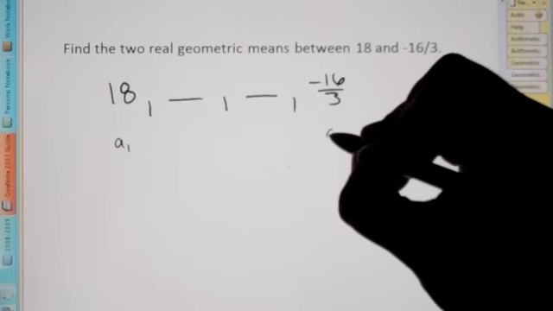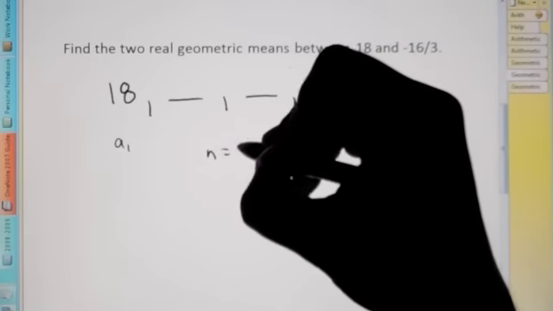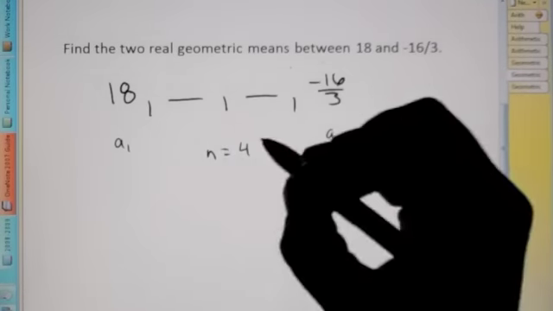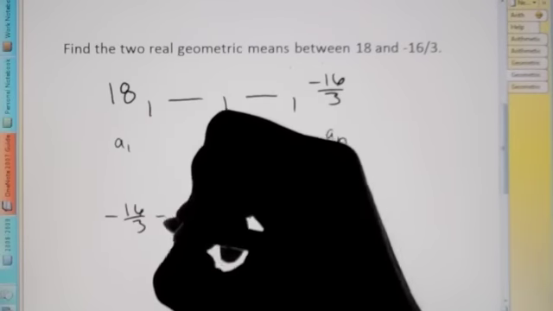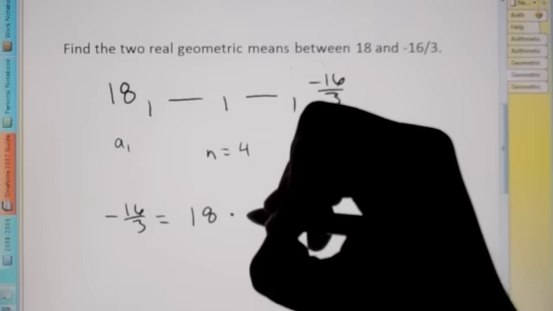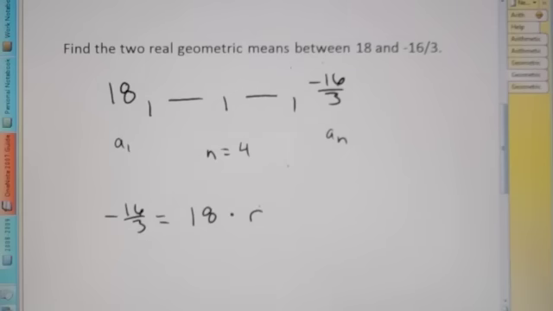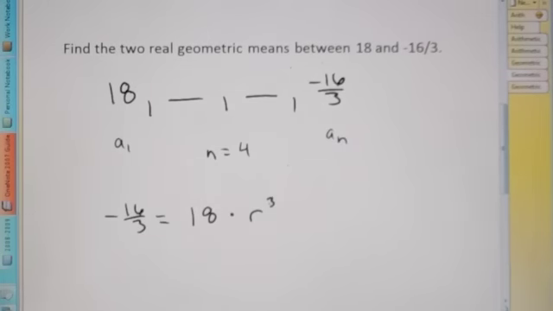A sub 1, A sub n, 1, 2, 3, 4 terms. So we can plug into our formula, which says a sub n, so negative 16/3, is equal to our first term times our ratio, which we don't know yet, to the n minus 1. So 4 minus 1 is 3.